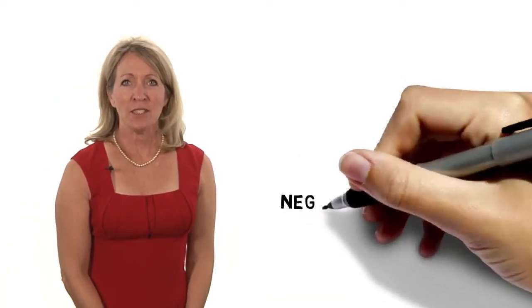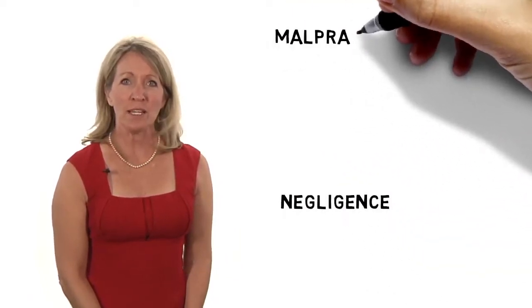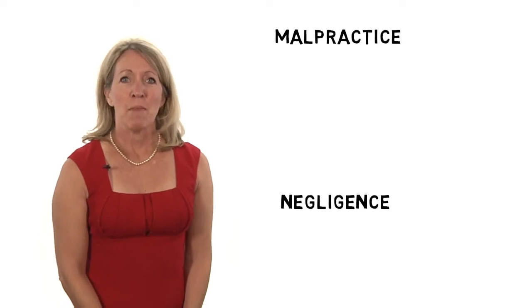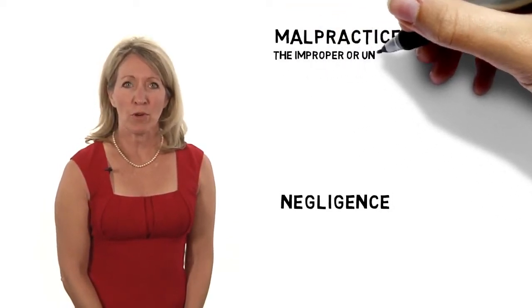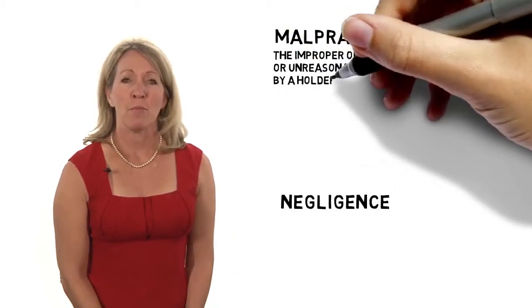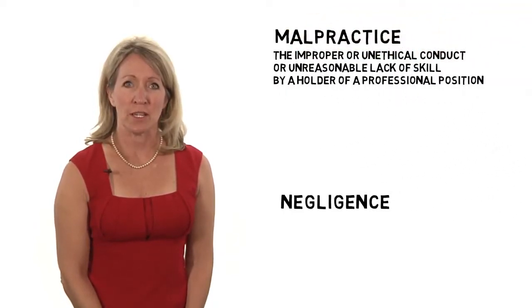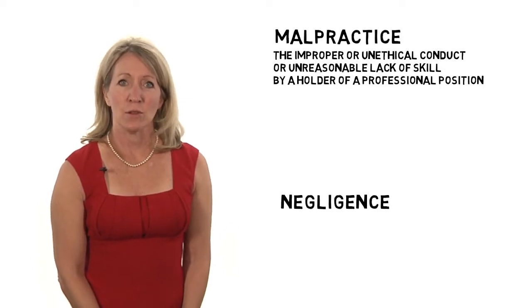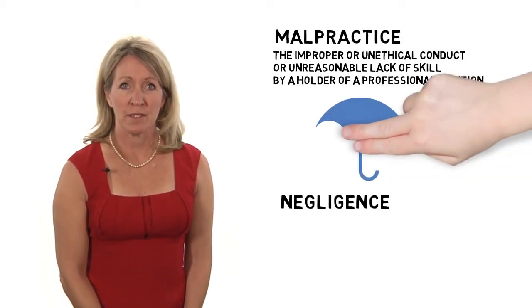The terms negligence and malpractice are frequently used interchangeably, but have slightly different meanings. Malpractice is defined as the improper or unethical conduct or unreasonable lack of skill by a holder of a professional position. This often applies to doctors, dentists, lawyers, and public officers.